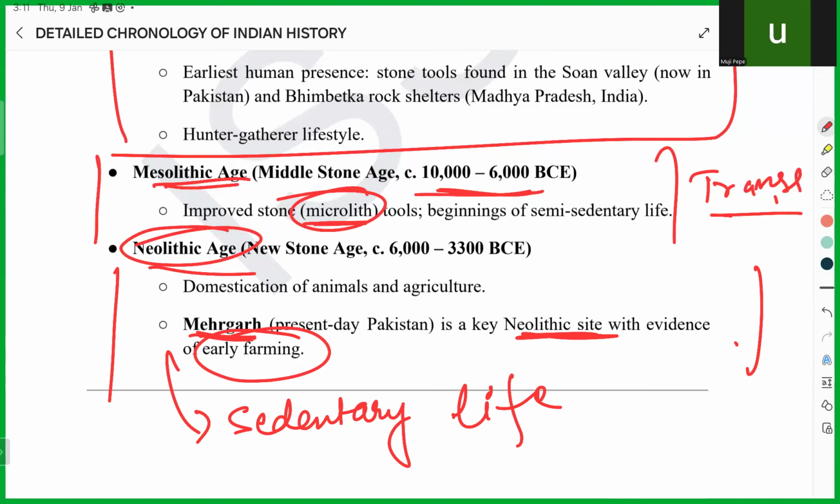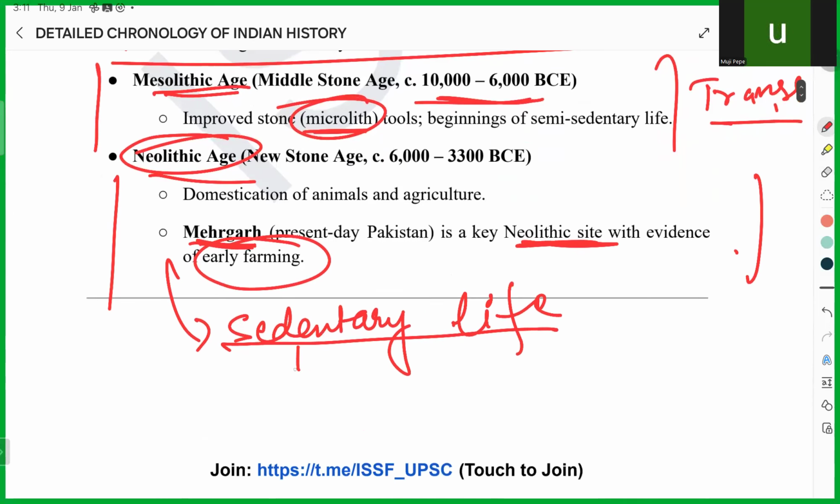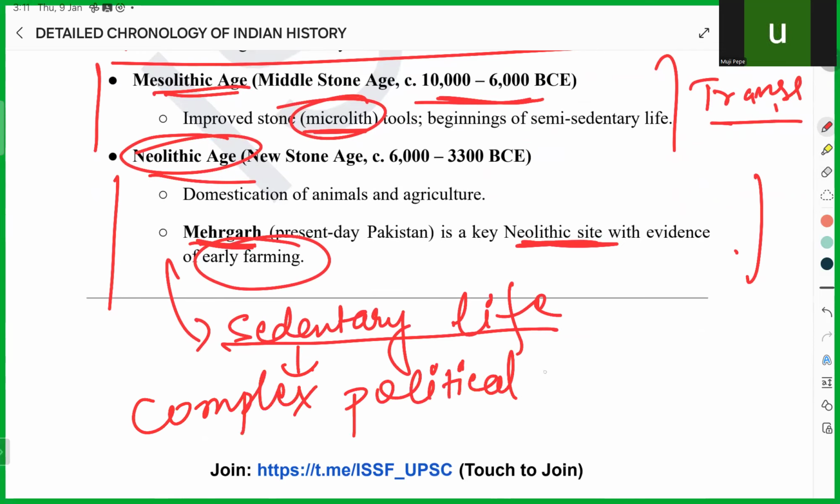And once the humans learned to stay at one place, we started to grow complex political systems. It was not until humans settled down at one place that they were able to form complex political systems. All the kings and the kingdoms and the queens, or whatever you read, all of them were made possible because of agriculture.